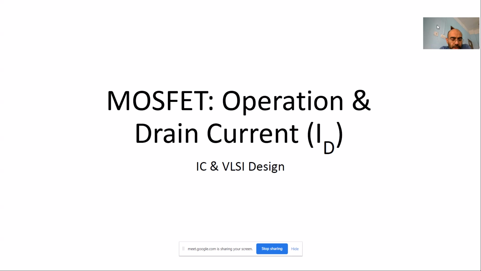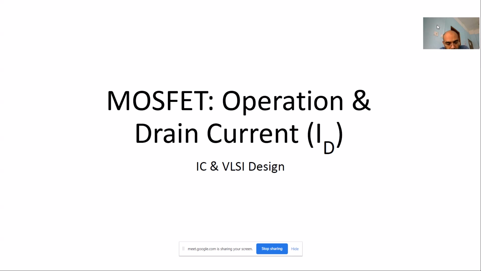So today we will continue from where we left off in the last class. Last class we completed the discussion about the MOSFET threshold voltage, and using that threshold voltage, we will now derive the drain current equation, and also understand the operation of the MOSFET. So both things we will do.